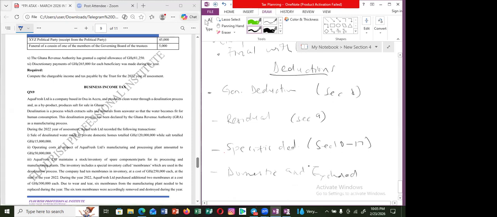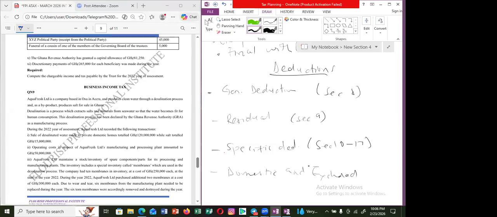Now, the general deduction rule talks about the Commissioner General not allowing a deduction for the purpose of ascertaining the income. So generally, the idea is that deductions are not allowed, unless there are certain rules that allow deductions.